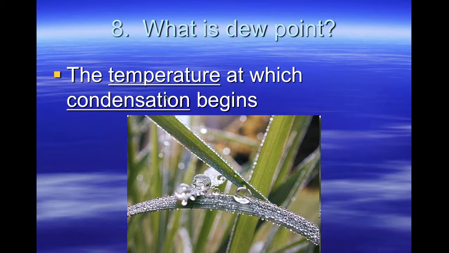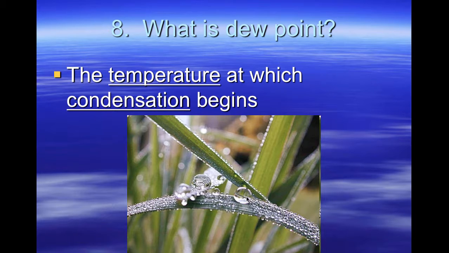The dew point is the temperature at which the water vapor turns back into liquid water. This water was actually in the air, and when the air cooled, it condensed on this leaf, and that can happen on your car, it can happen on your windows, it can happen on your house.